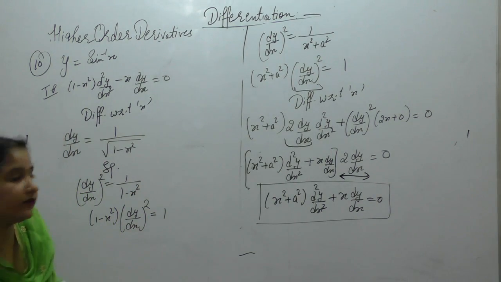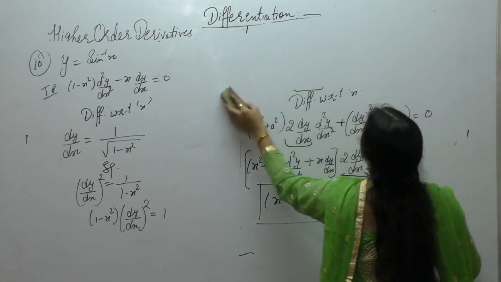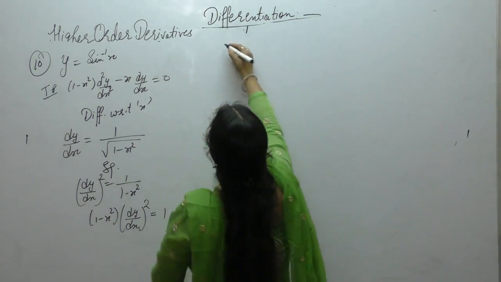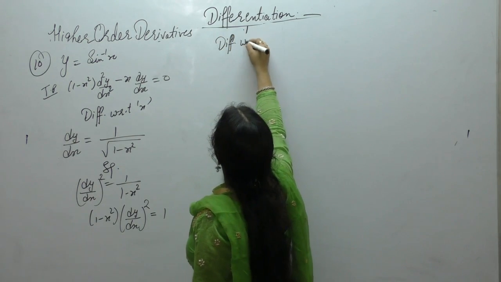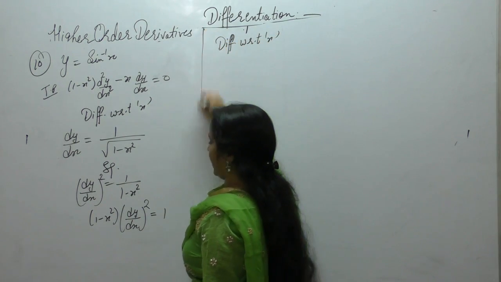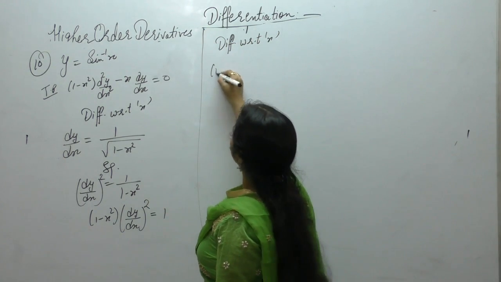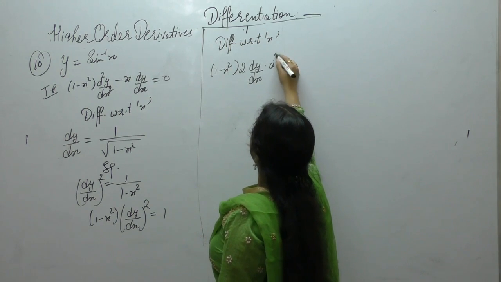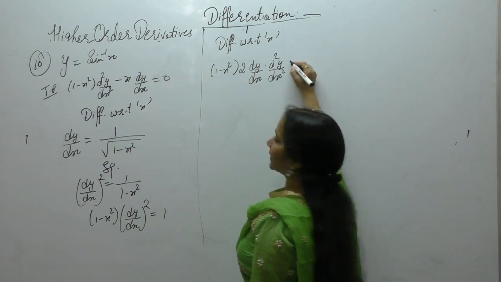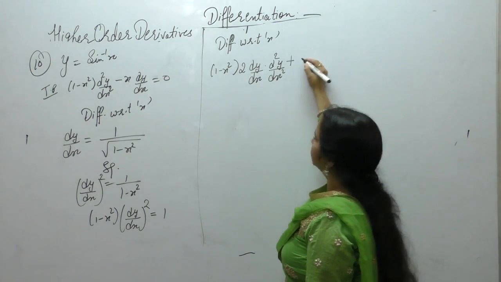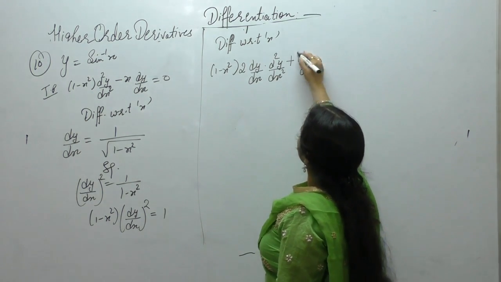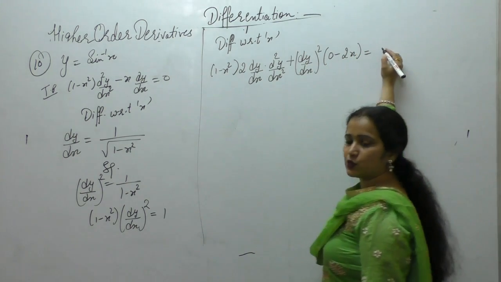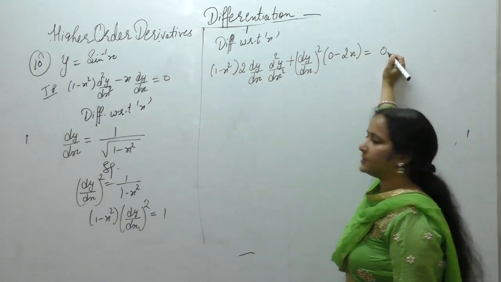Now differentiate with respect to x, u into v rule. U, derivative of v, 2 dy upon dx, derivative of dy upon dx is second order derivative, plus dy upon dx whole square as it is, derivative of 1 is 0, minus x square is minus 2x, derivative of 1 is 0.